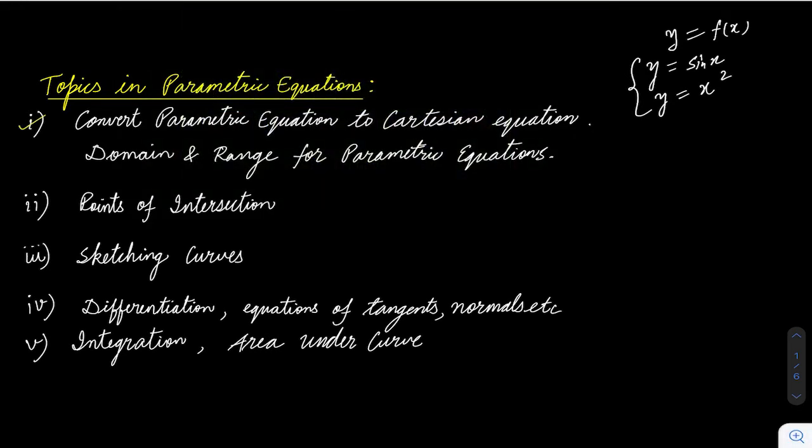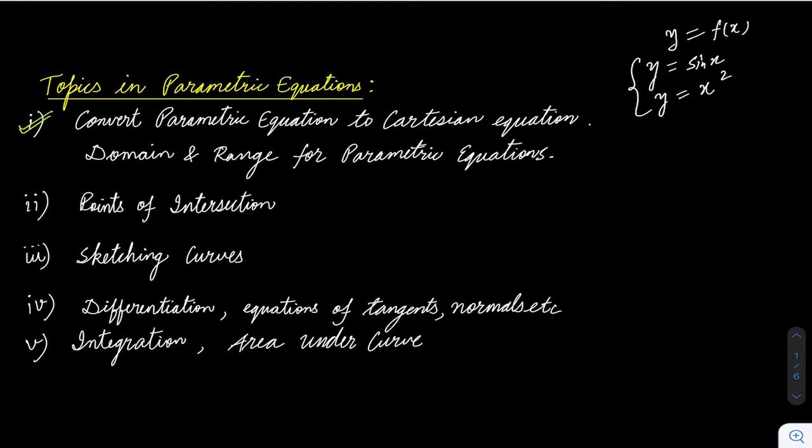We must know this, and in this, we must also know how to find the domain and range for parametric equations, as in the function chapter we have already done how to find the domain and range.